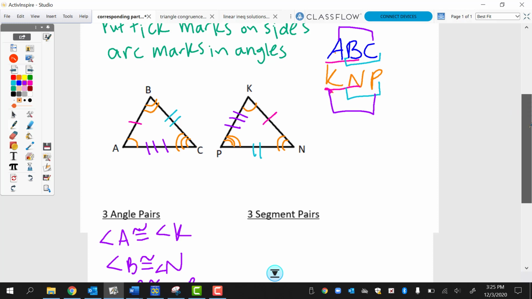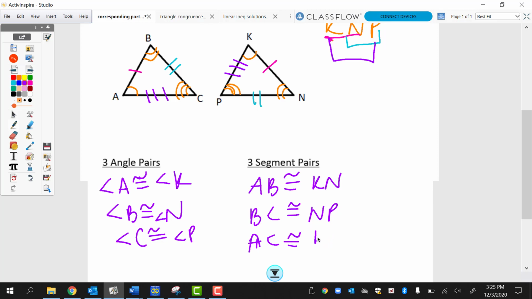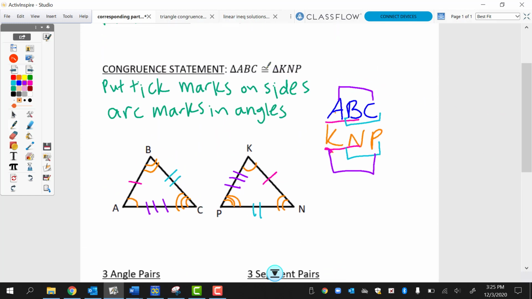And I'm also able to write the segments. So we said A and B was congruent with K and N. We know B and C was congruent with N and P. And last one, A and C, whoopsies, A and C was congruent with K and P. So the most important part is make sure that you line these up, so that you know the order they are written in is important.